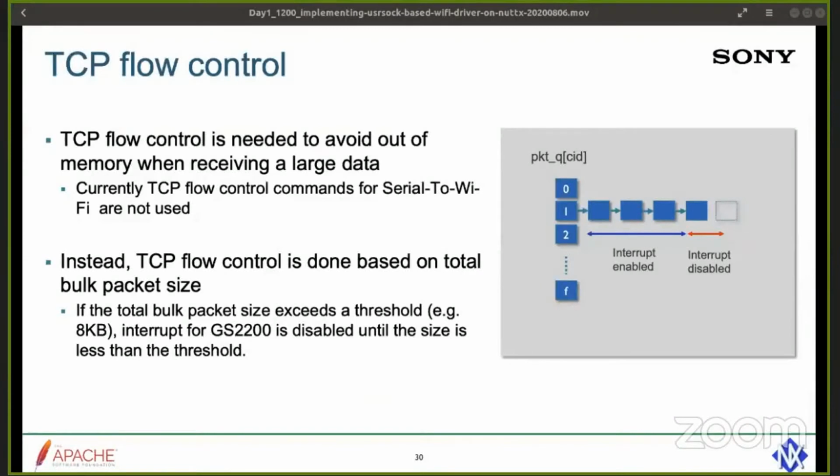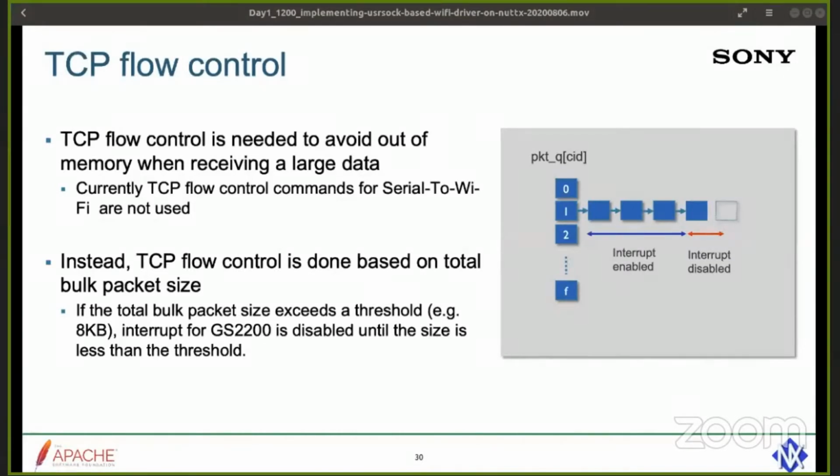In TCP, we have to handle flow control in the driver to avoid running out of memory when receiving large data. As I explained, received packets are handled in the work queue handler and pushed to the internal packet queue, and then the user is notified. In the case of the wget command, the wget application stores received data to microSD.